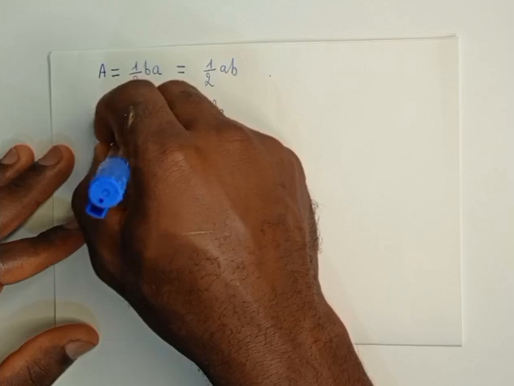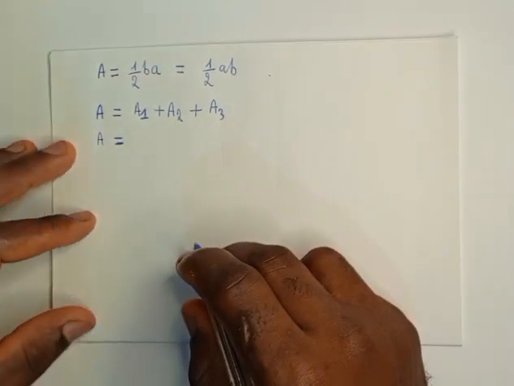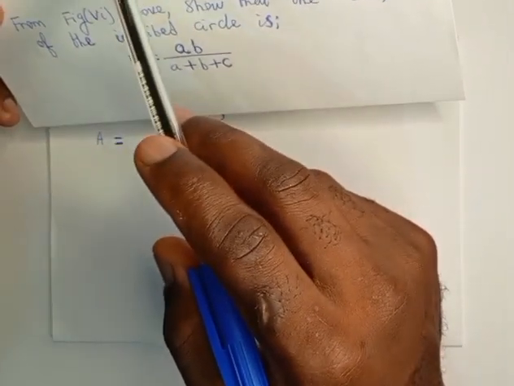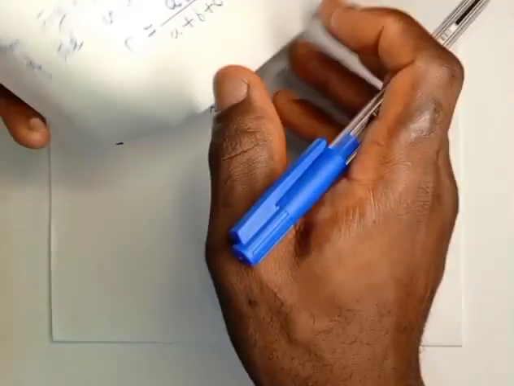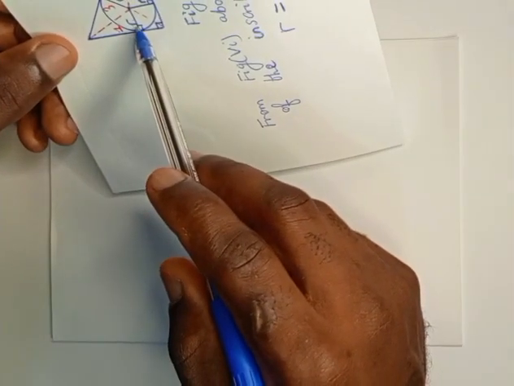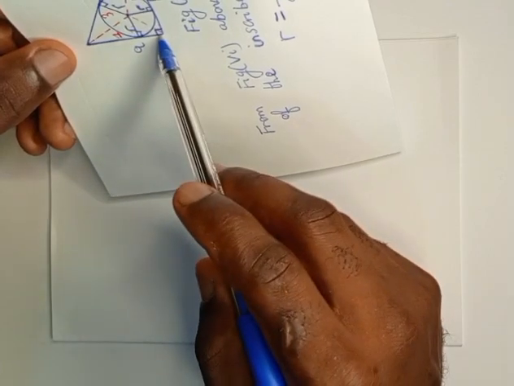This will simply give us E to be equal to the area of triangle 1. This triangle, if you rotate it this way, it's easy for us to see the vertical height, which is R, and the base, which is E.